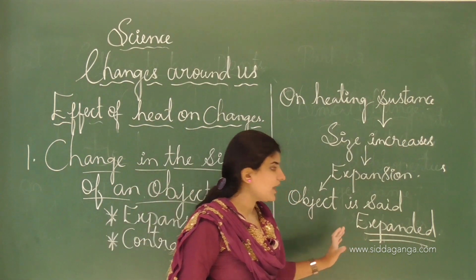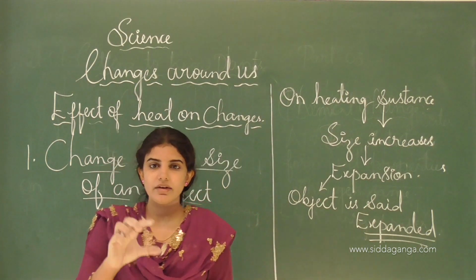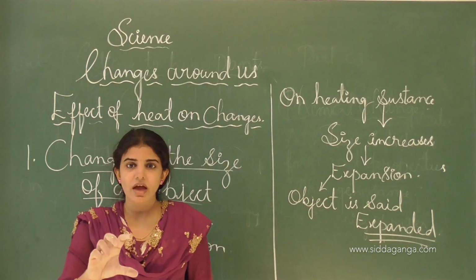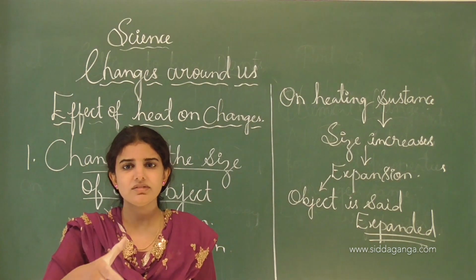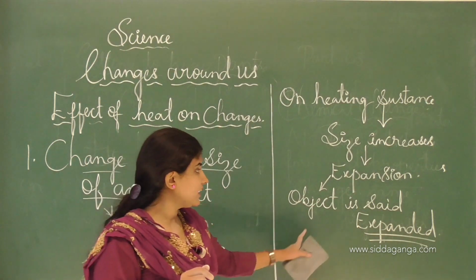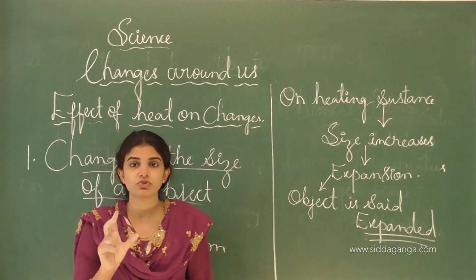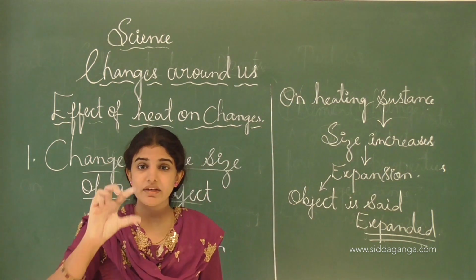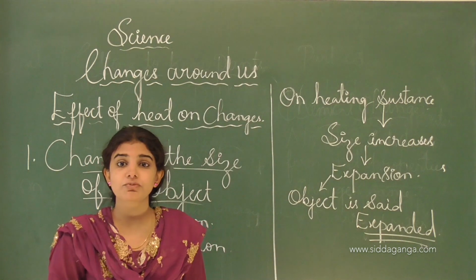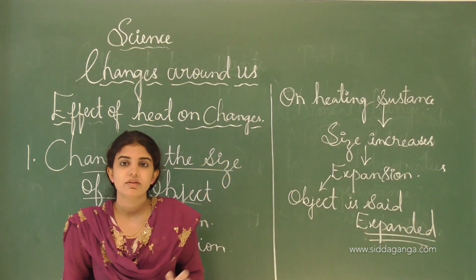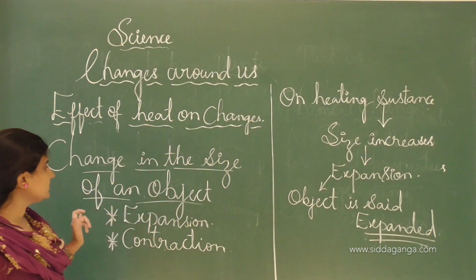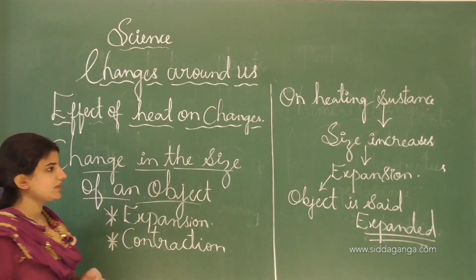The object is said to be expanded. Consider an iron article. If we heat it, its size increases, so expansion has taken place, and the iron article is an expanded object. This is how the size of an object changes on heating.